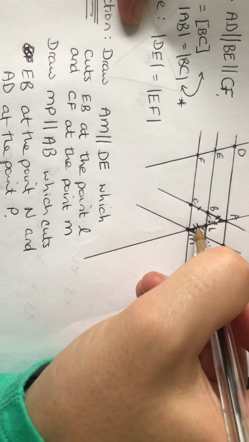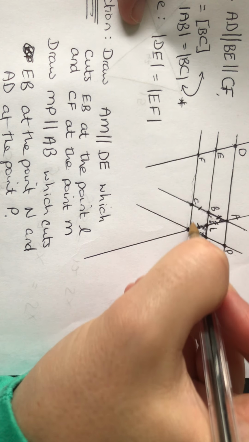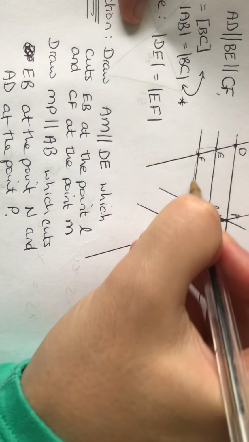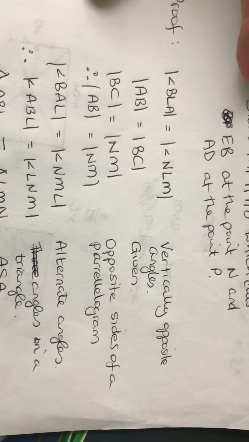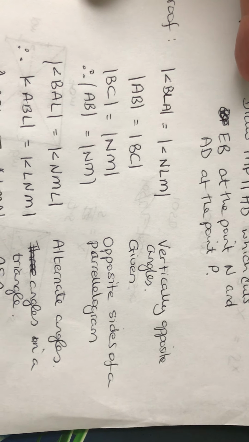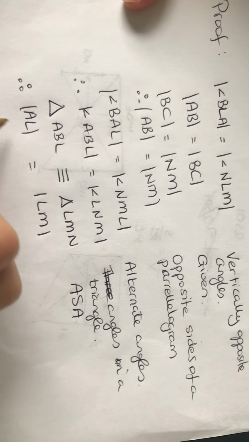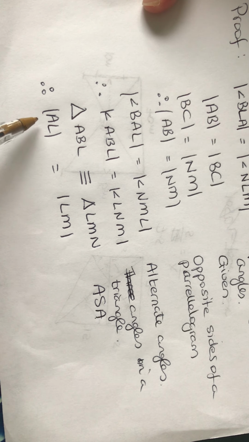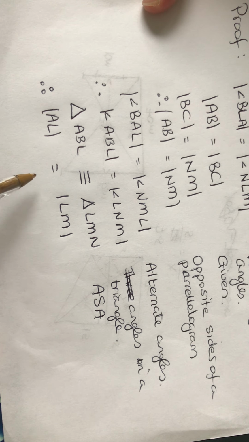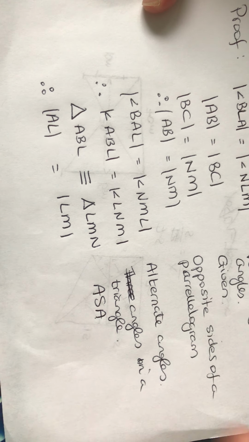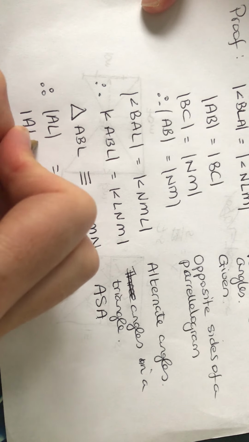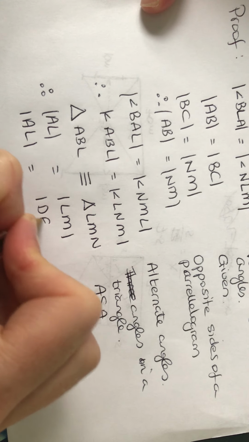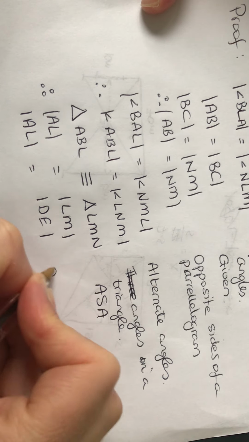Well, they're also equal to other sides. Look at them, that's another parallelogram. So AL is equal to DE, because of the opposite sides of a parallelogram.